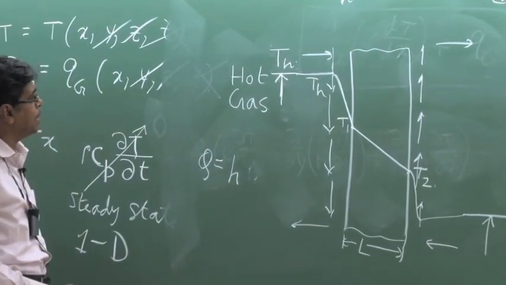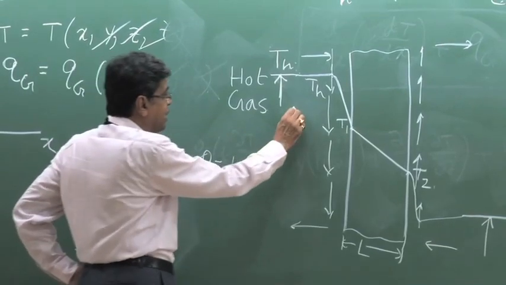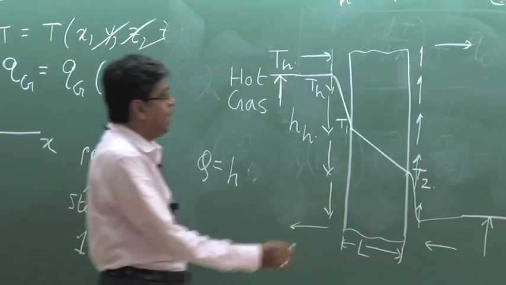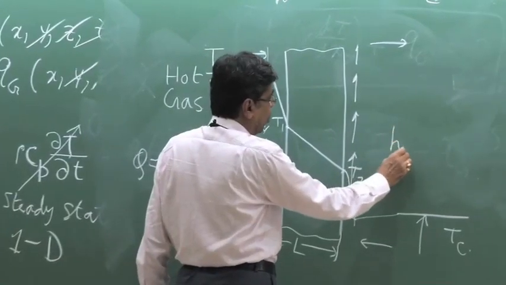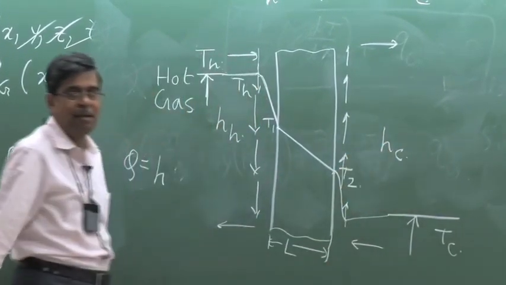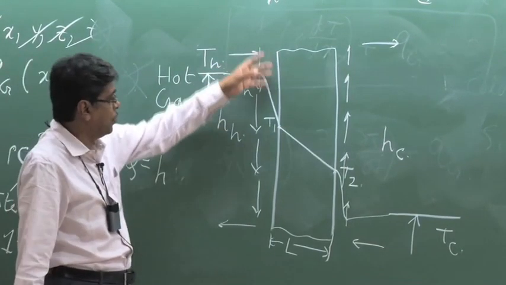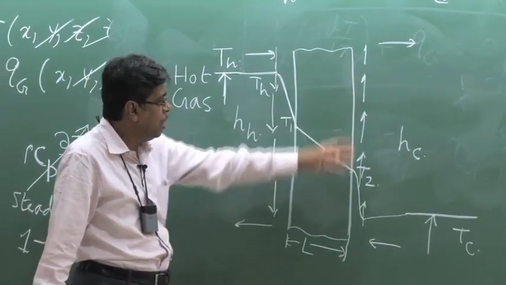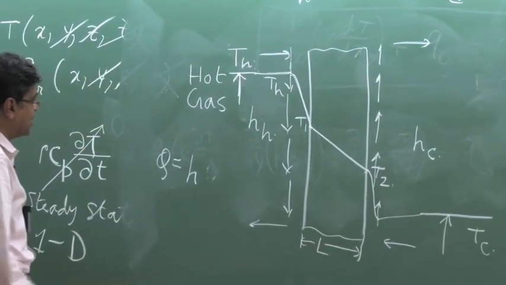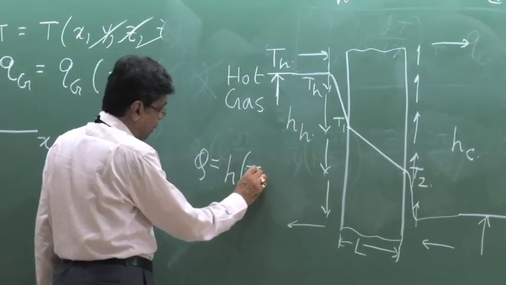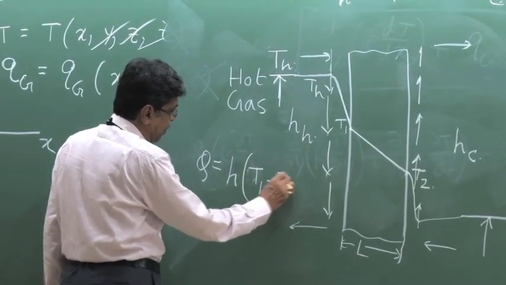The problem is also prescribed by a heat transfer coefficient on the hot side, HH, and a heat transfer coefficient on the cold side, HC. We consider these heat transfer coefficients constant over the area on both sides. Then we know from convection heat transfer that Q can be defined as TH minus T1.